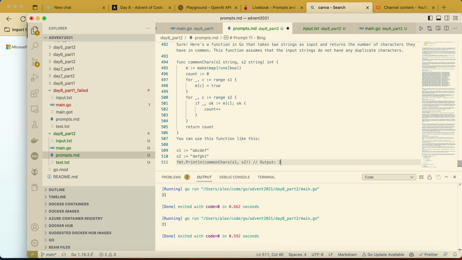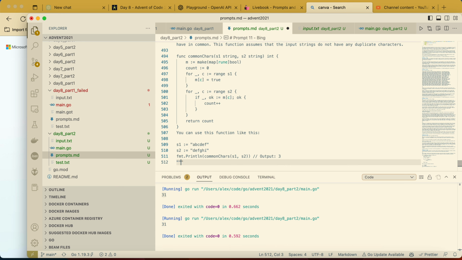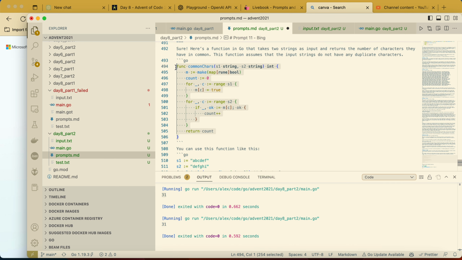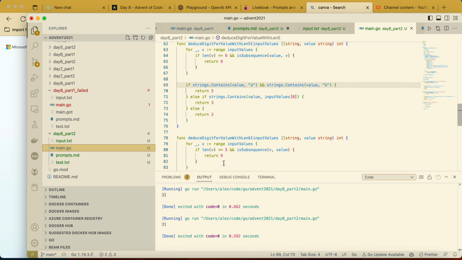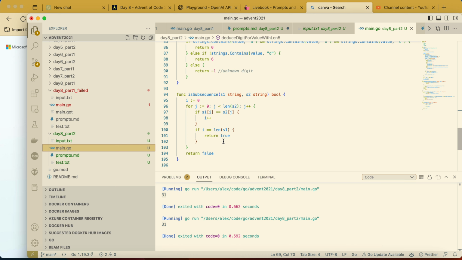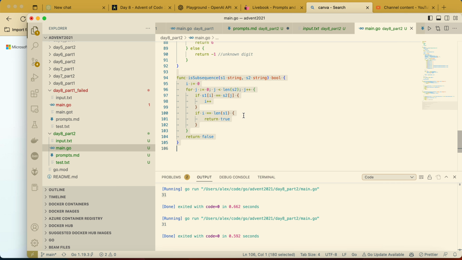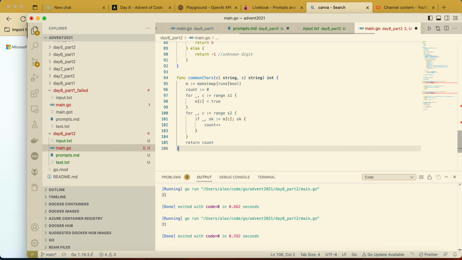Very, very solid stuff. Common characters. We don't need this.